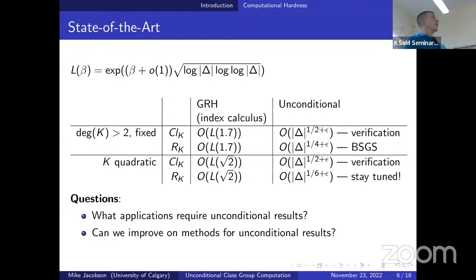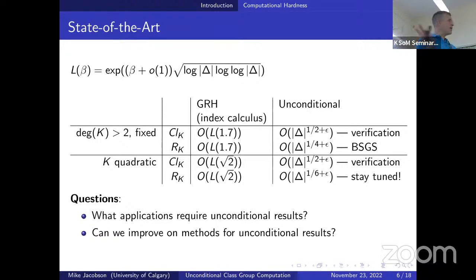The regulator times the class number is of size square root of delta, if we believe that class numbers are small most of the time, or 1 infinitely often, for example. Well, at least a good upper bound on the regulator is the square root of the discriminant. So delta to the 1/4 is the square root of that, which you get from baby-step giant-step. Now, in the quadratic case, we were able to do even better. We were able to knock that down to delta to the 1/6.